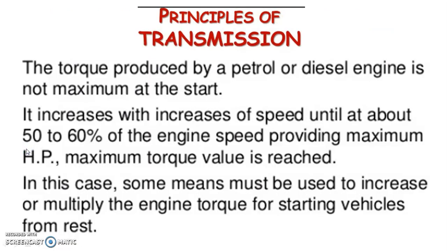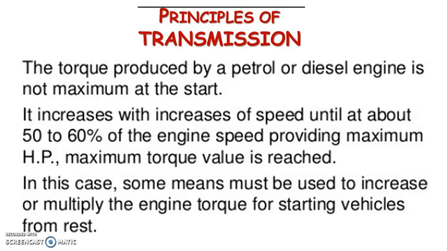Let us see the principle of transmission. The torque produced by a petrol or a diesel engine is not maximum at the start. Torque is a very important component regarding the speed. So this torque produced by any engine, petrol or diesel, is not maximum at the start.